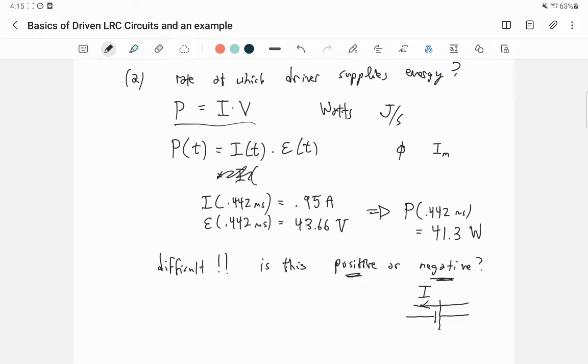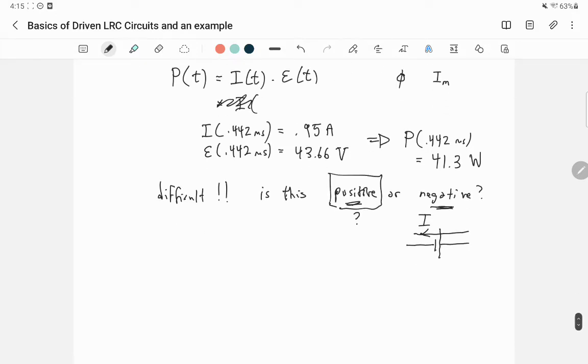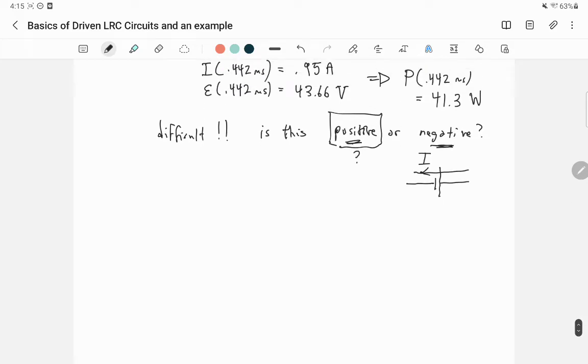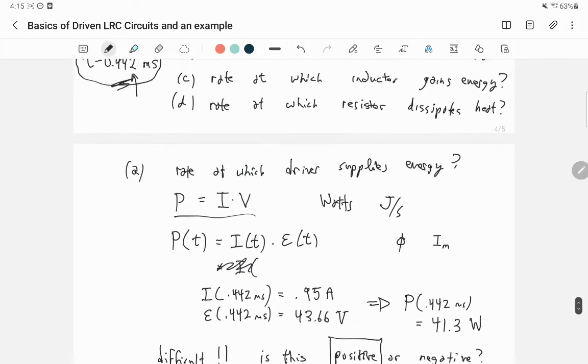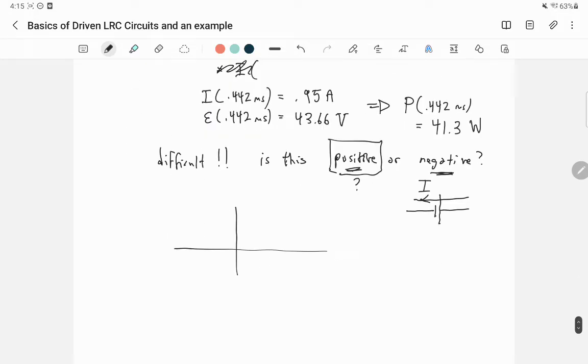So how do I know that it is positive? How do I know this? The answer is it's actually in the phasor diagram. If you end up doing everything, what you're going to find is the following thing. You're going to find that the phase angle phi is about 0.183 radians.